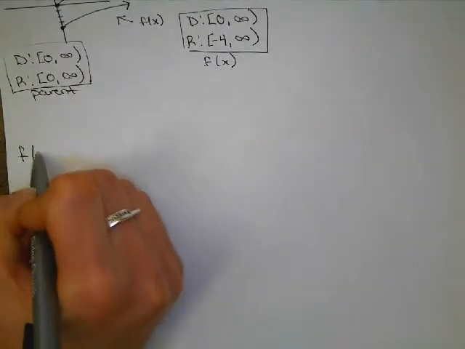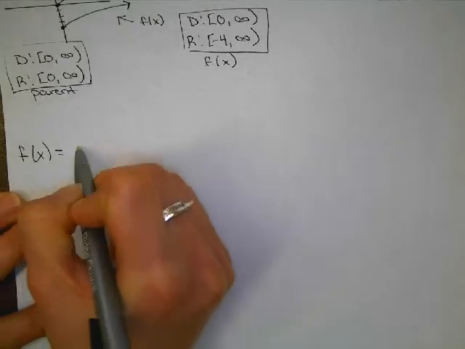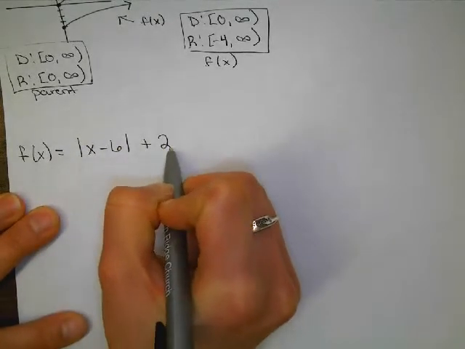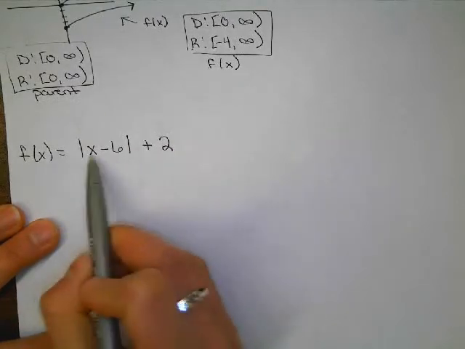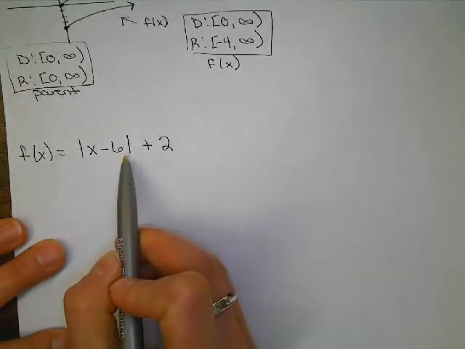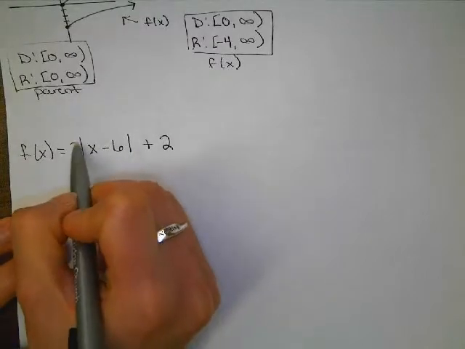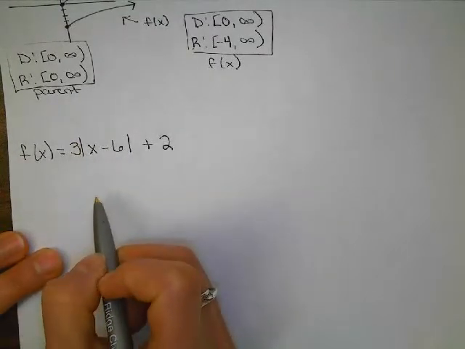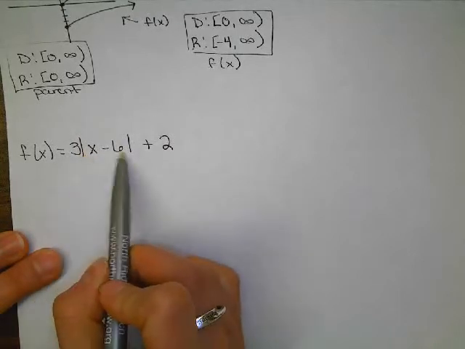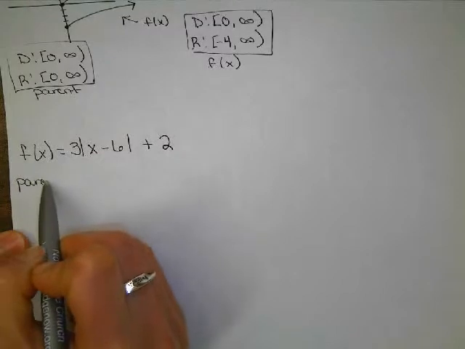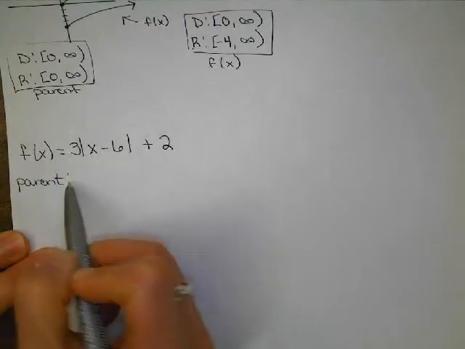Let's say I have f of x equals absolute value of x minus 6, plus 2, where x minus 6 is in my absolute value. Now, your problem from class has a 3 out front here, so I guess we can add that in. I have a 3 out front. If my absolute value function is what I'm dealing with, then I know my parent function is an absolute value function.